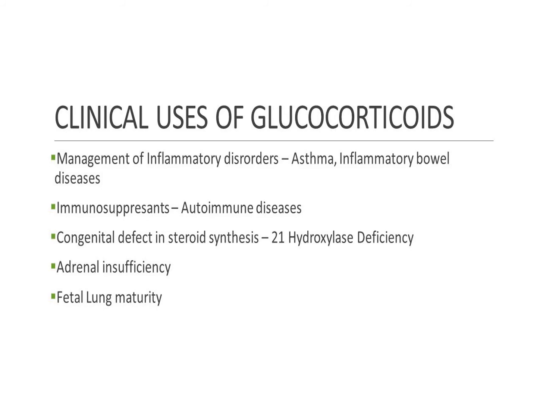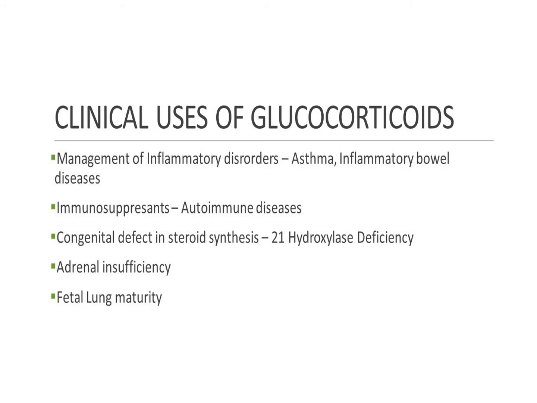So after studying the physiological effects, metabolic effects, we can see the uses of glucocorticoids are similar. Management of inflammatory disorders, and what are those? For example, asthma, inflammatory bowel disease. In certain diseases, they act as immunosuppressants, in autoimmune diseases, congenital defect in steroid synthesis, adrenal insufficiency.